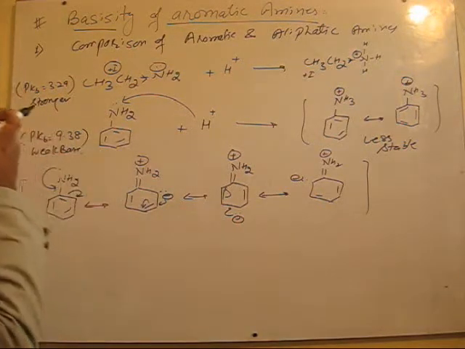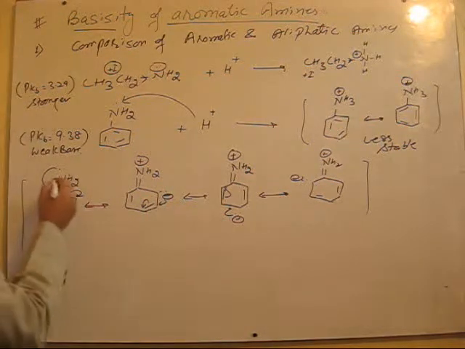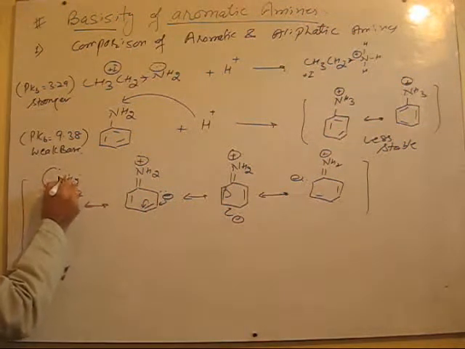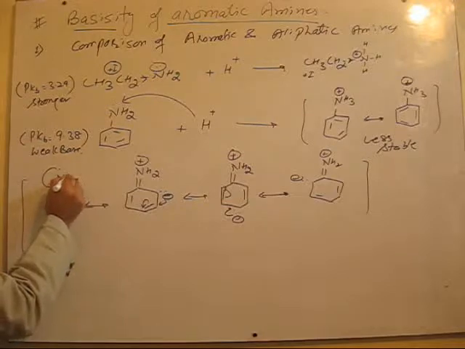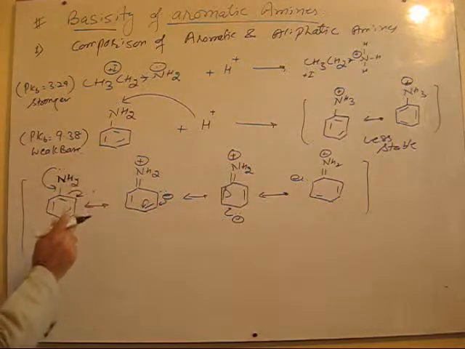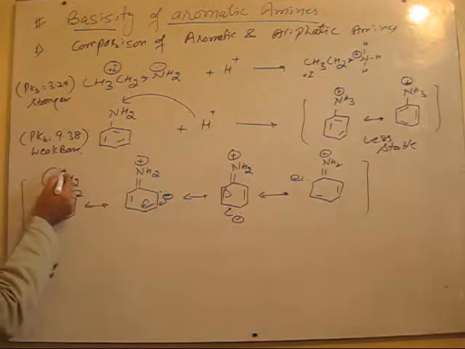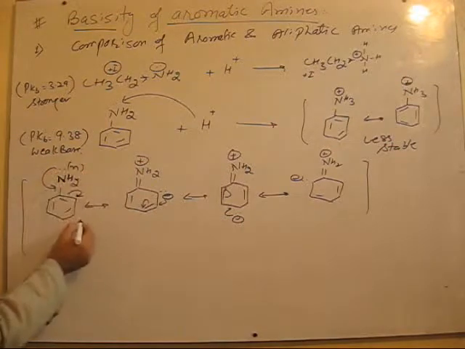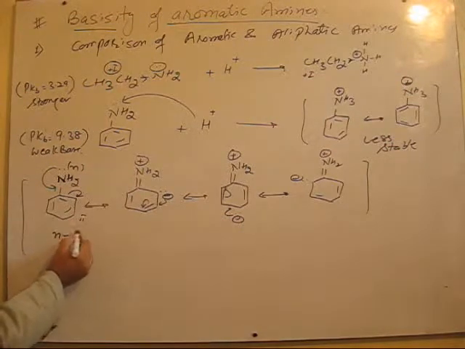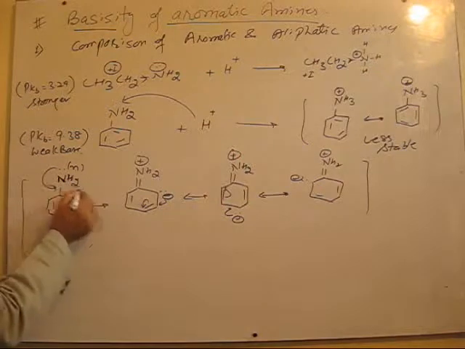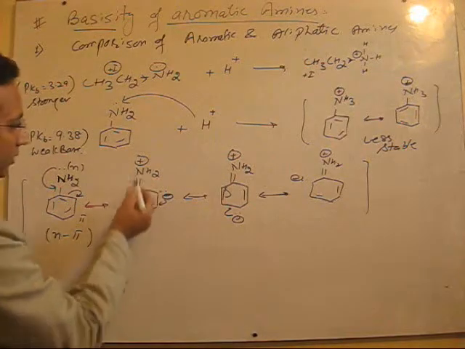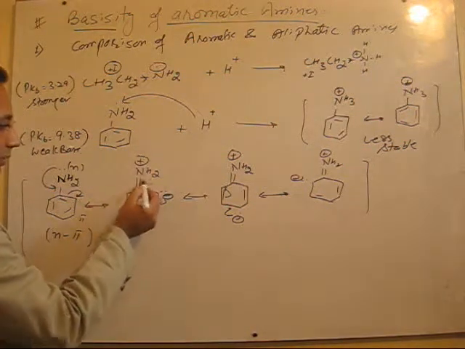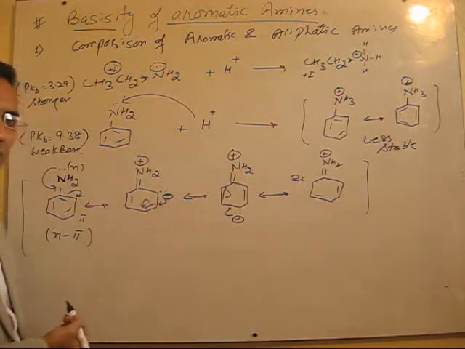Moreover, one more effective reason we can put up here. In this case, if we see the resonating structures of aniline, you see here the n electrons and pi electrons. Due to n-pi conjugation, we have shifting of electrons. If you observe the structure, nitrogen has a positive charge, a double bond here, and a negative charge in the ring.